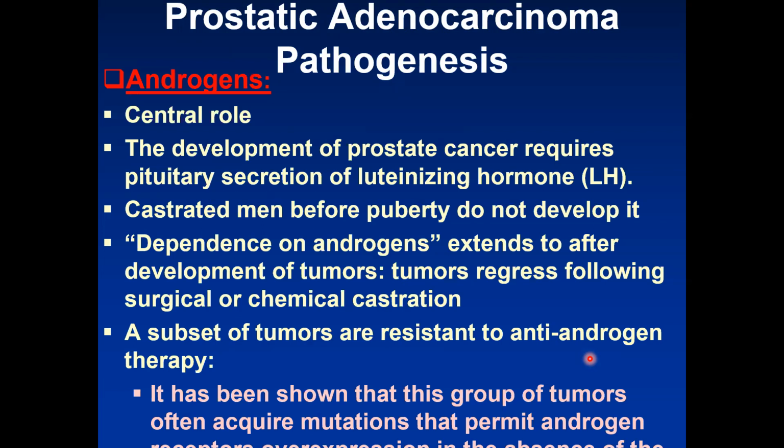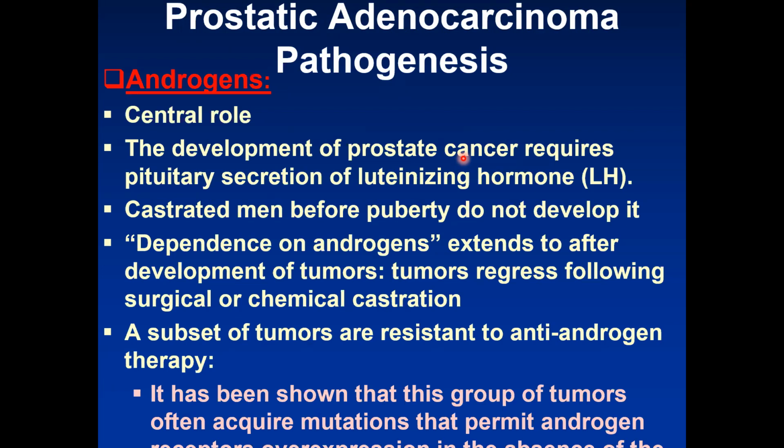So an intact pituitary with an intact luteinizing hormone are a must for prostatic adenocarcinoma. Now, we also have evidence that one of the perks of castration is that those men are not going to be developing prostatic adenocarcinoma.